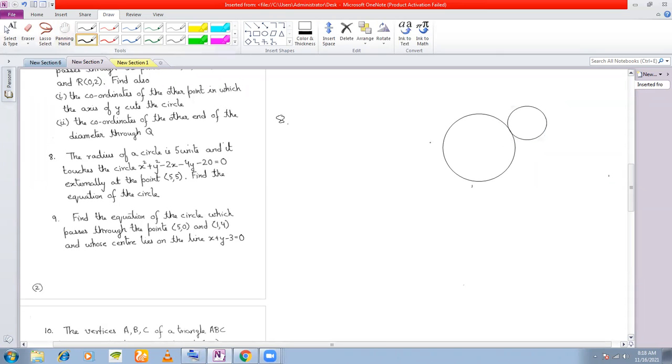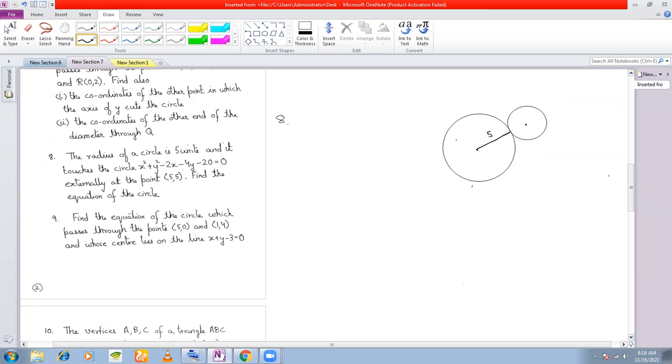Yes, two circles which touch each other externally. Radius of the circle is 5 units. Let's say this radius here is 5 units.